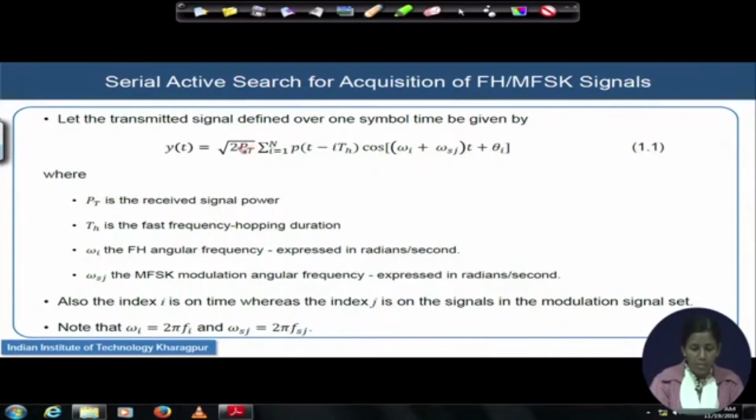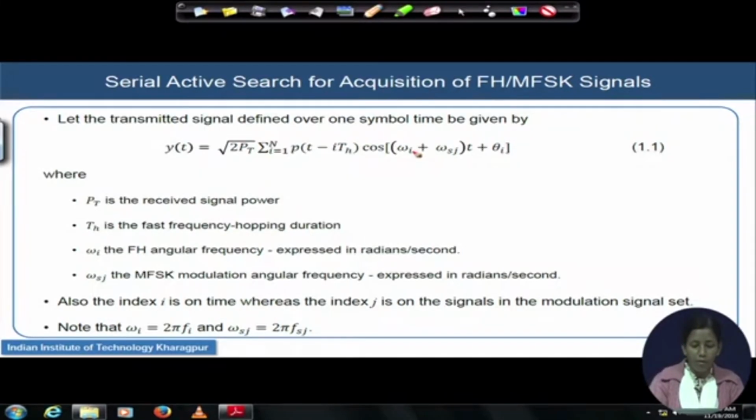Remember, this P_T is the power of the transmitted signal, as well as we are considering that this is a received signal power. T_h is the hopping duration, p(t) is a basic waveform, chip waveform. Omega_i, the index i corresponds to the hopping frequency at the ith moment, and j is the index of the modulation tone frequency associated with the current symbol.